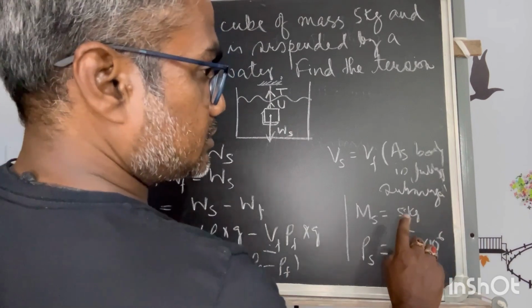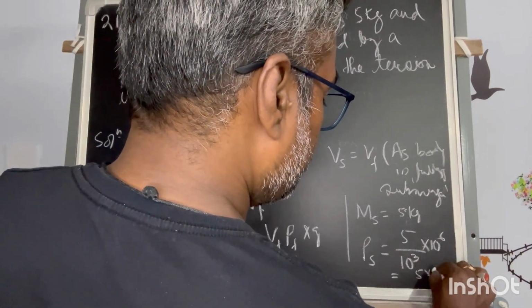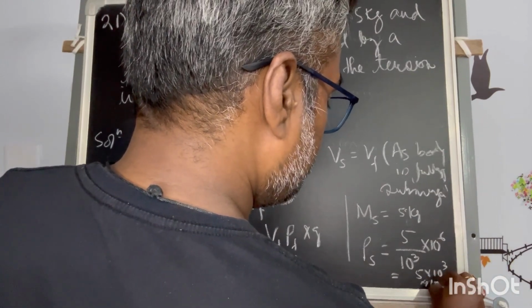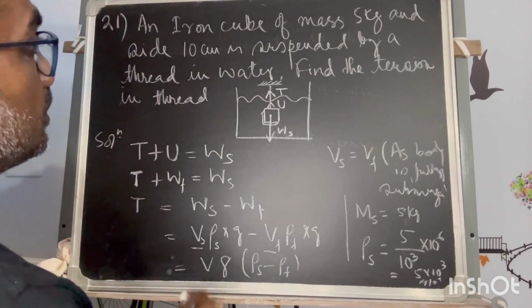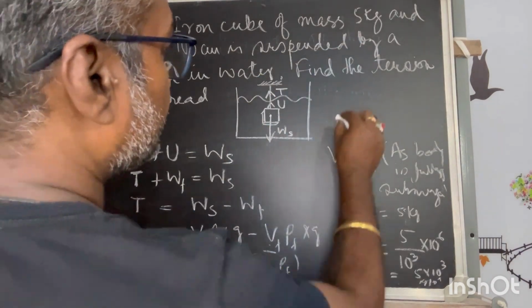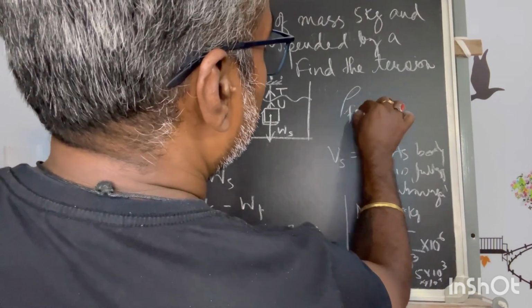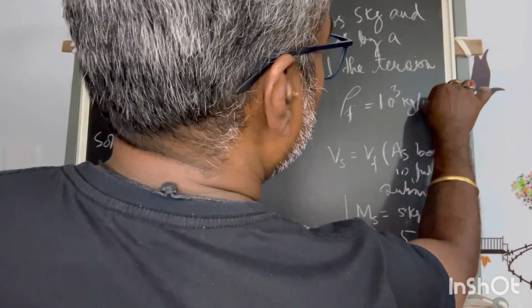Rho is mass by volume. So this will be 5 into 10 to the power 3 kg per meter cube. This is the solid, and the liquid is water. Water is equal to 10 to the power 3 kg per meter cube.